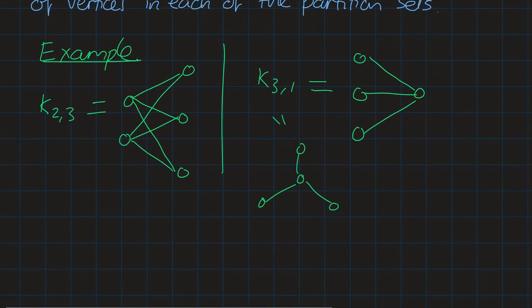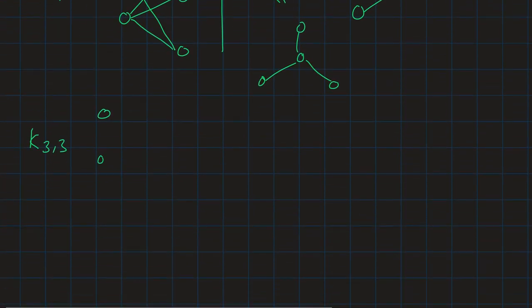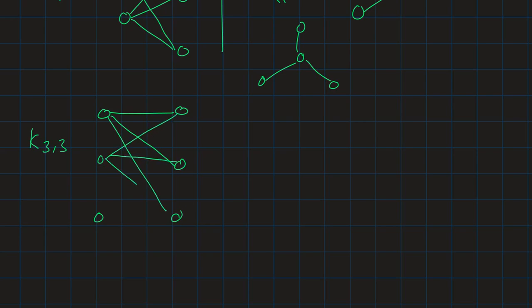Let's do maybe one more example, K_3,3. This one's a bit of a messy one. So I do 3 vertices on the left, 3 vertices on the right, and then I add as many edges as I can while maintaining the bipartiteness. And that's it. I can't add any more edges. So this is K_3,3.